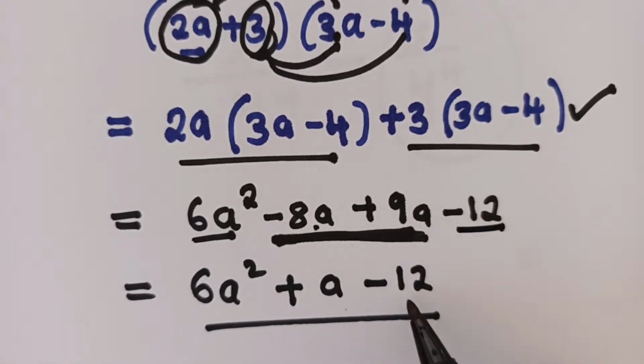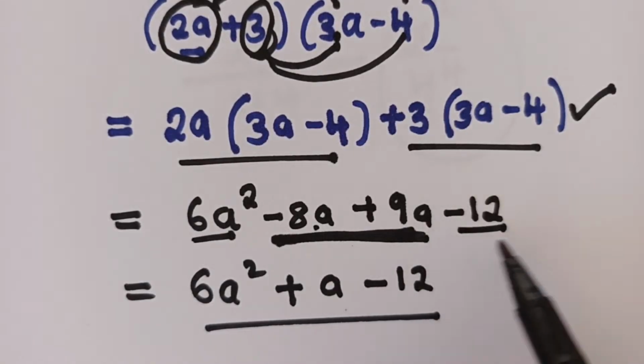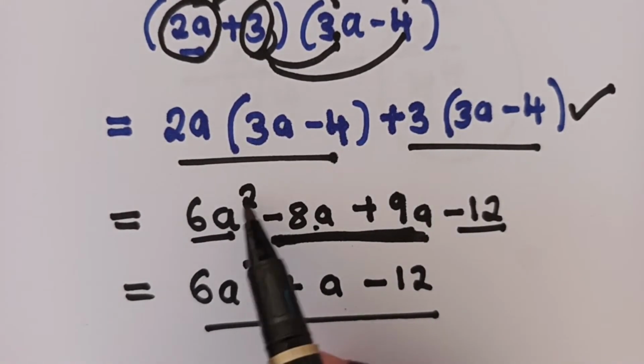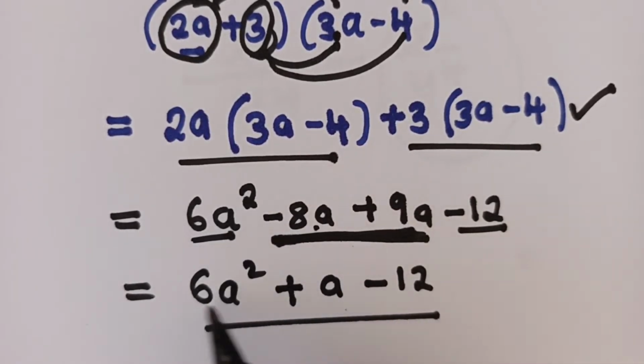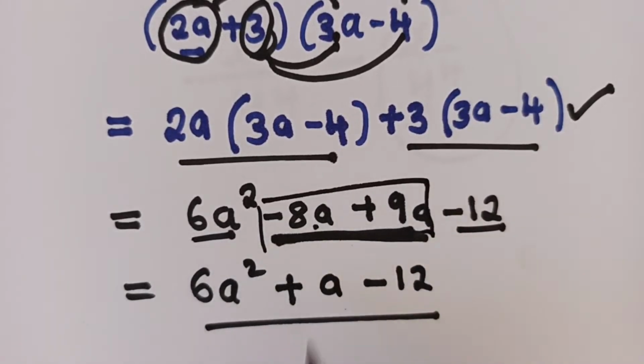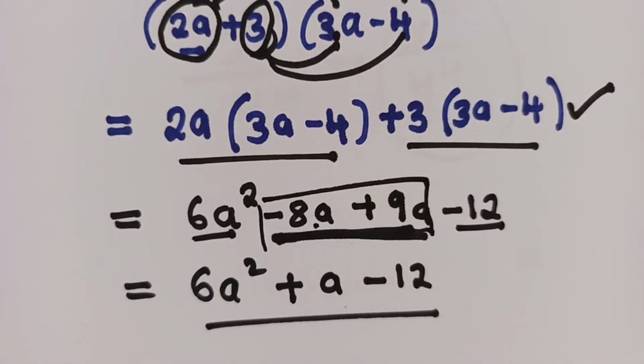For this, leave it the way it is because we only have one term which has got no letter a. And here for power 2, a term with a power 2, it's only 1. So leave it the way it is. You only work out what is here, and this is what you're getting.